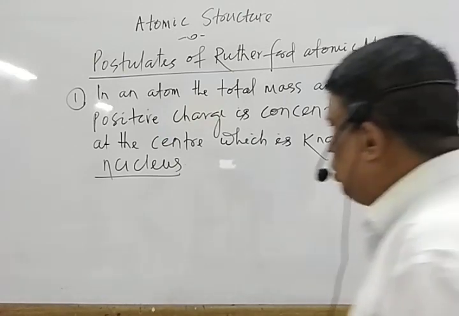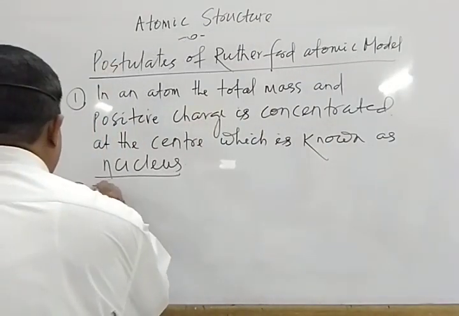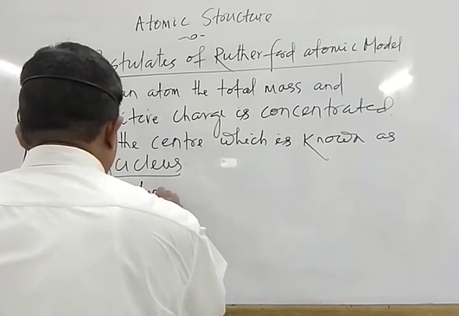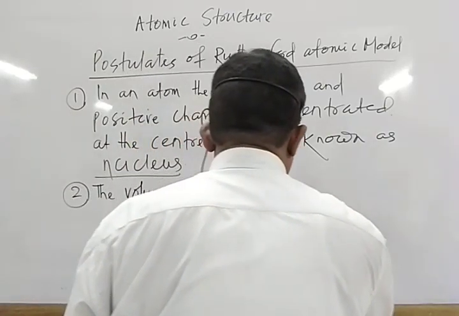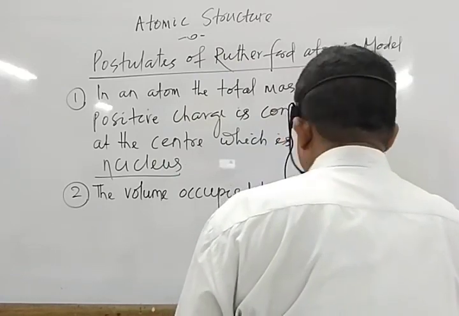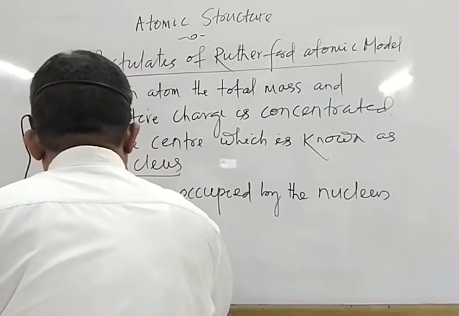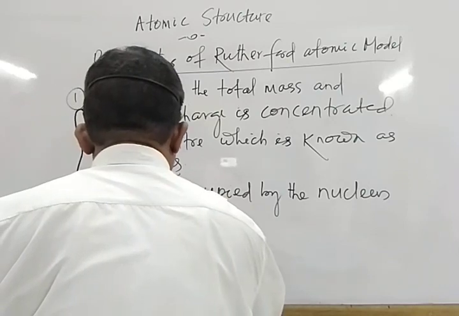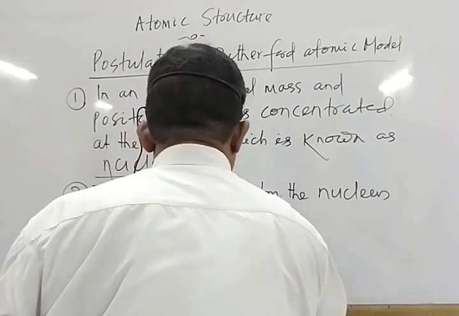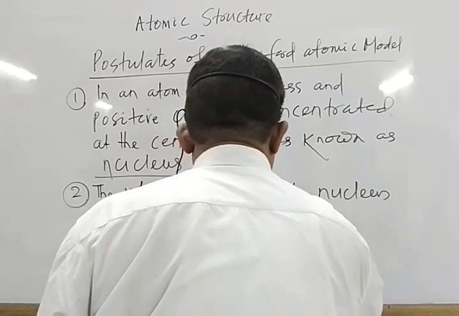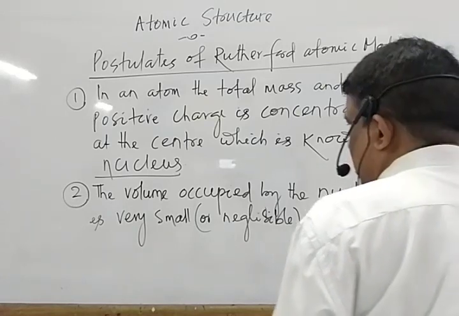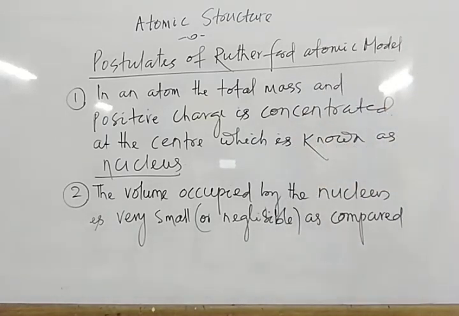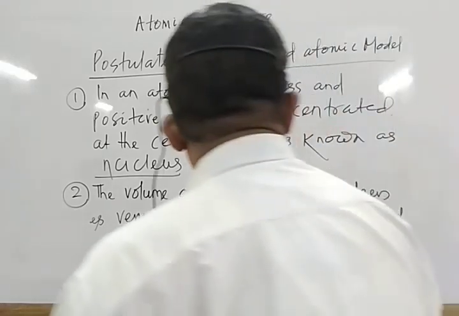Point 2. The volume occupied by the nucleus is very small or negligible as compared to the total volume of the atom.